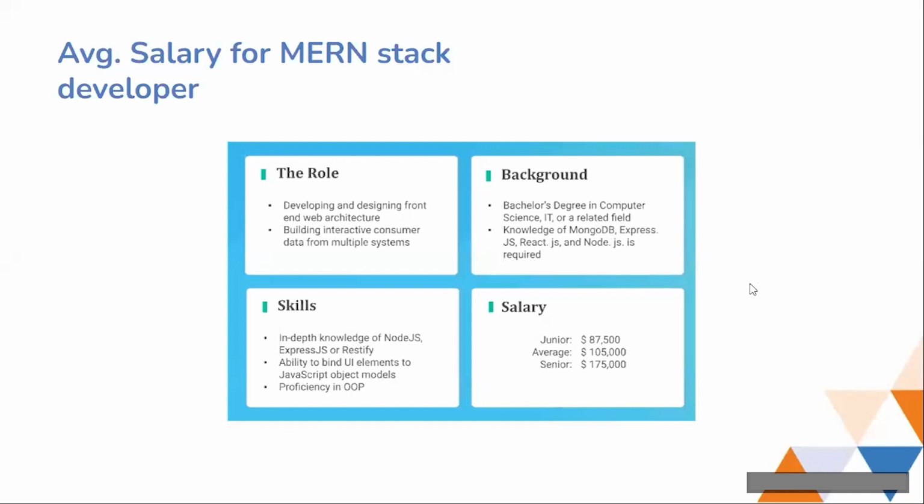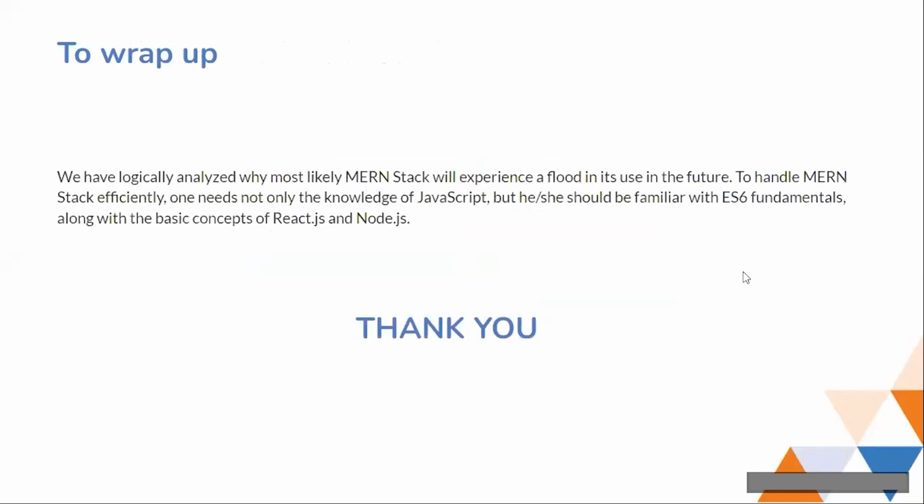So what skills do you have to have as a MERN Stack developer? In-depth knowledge of Node.js, Express, and Restify, ability to bind UI elements to JavaScript object models, and obviously proficiency in object-oriented programming.